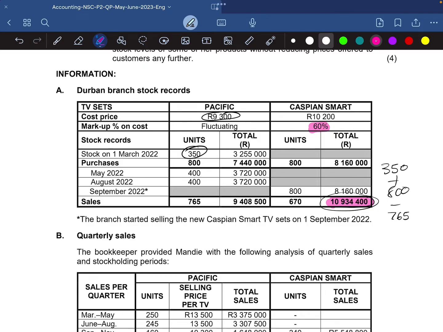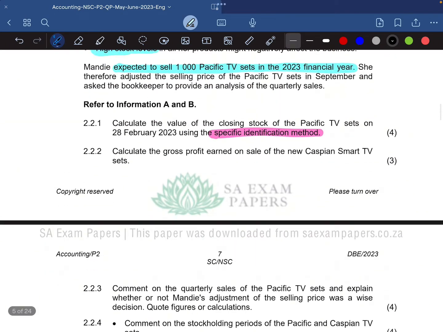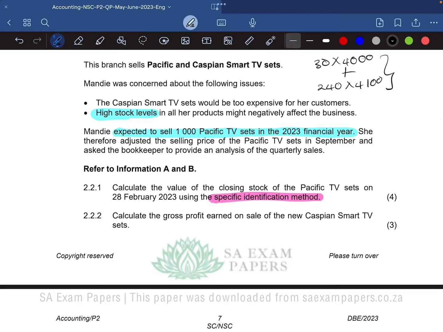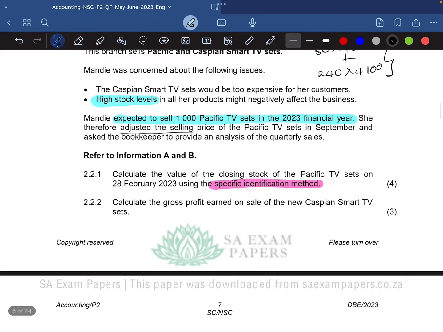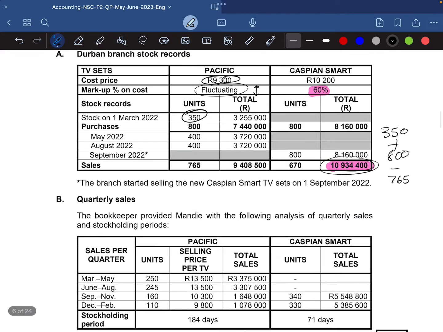Here we are given the markup on cost. But on the Pacific it said fluctuating, which means it just moves up and down, because Mandy has been changing the prices, so she adjusted the selling price. That's why the markup on cost is fluctuating, because the selling price is not the same.